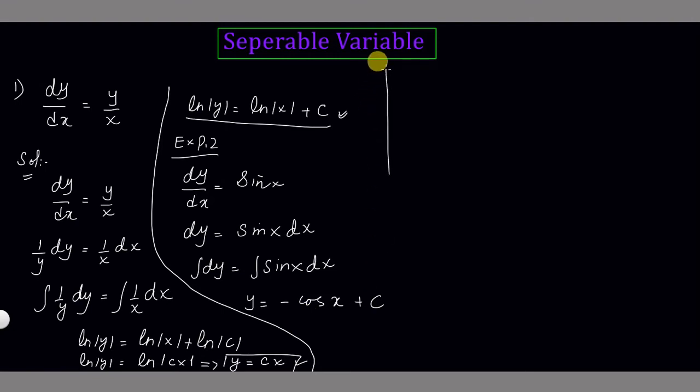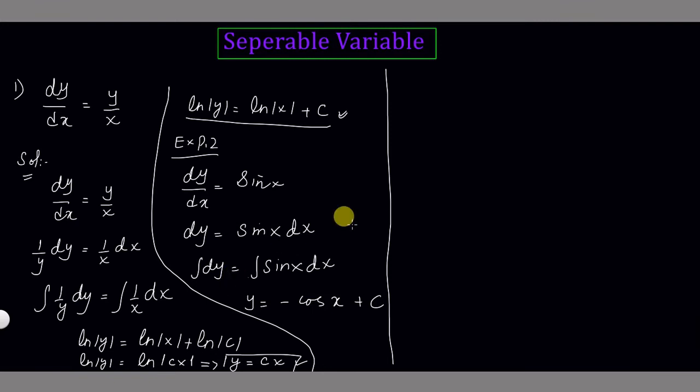Sometimes students may ask, you have to integrate on both sides, but you only use c on the right side of the integral. Why don't you use c on the left side of the integral? Is it important or not?